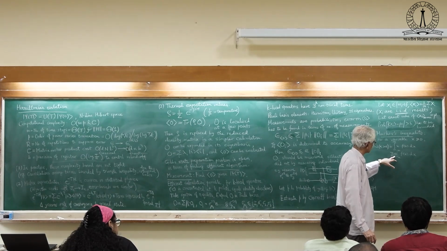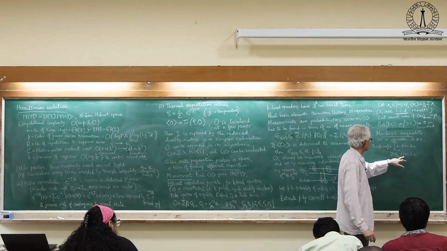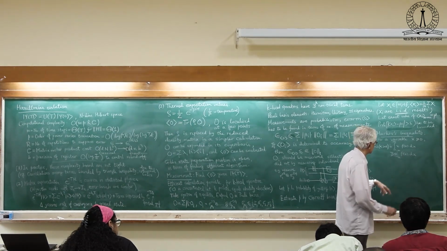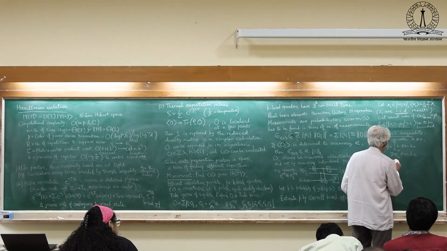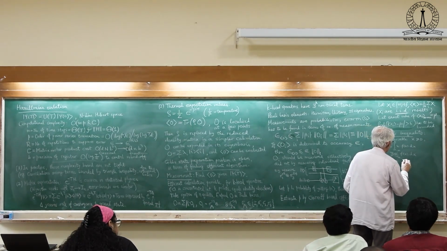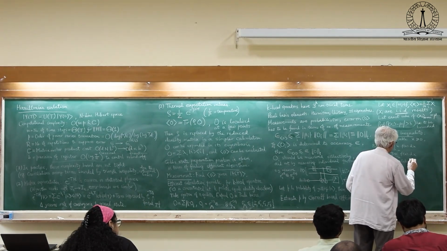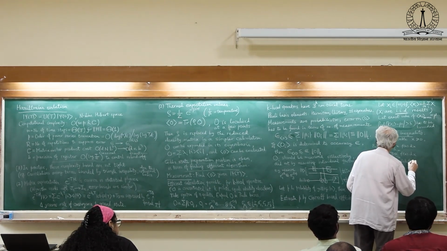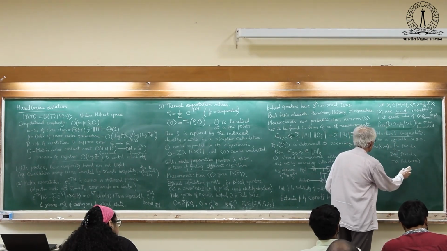I just take it out and put the lower bound on it, and this is now the distribution from a to infinity. So this is equal to a times the probability of x greater than a. That is what this is.